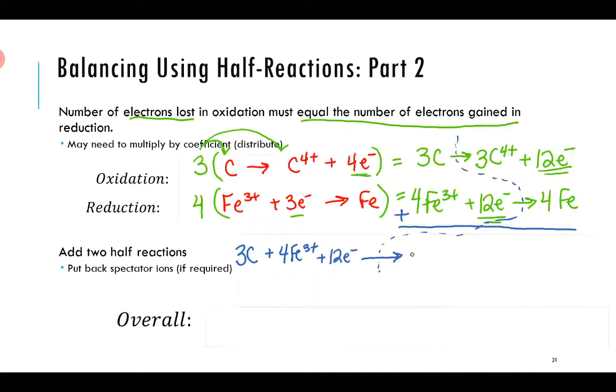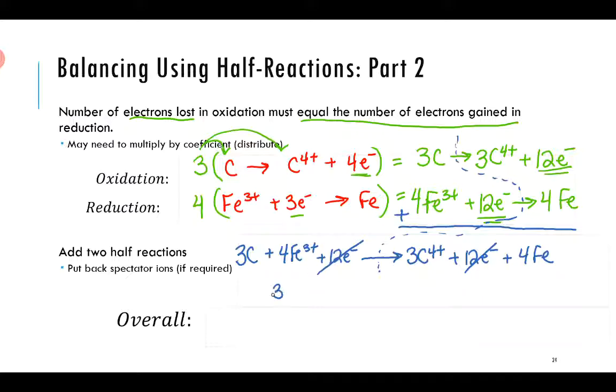And now on my product side I have 3 carbon 4+ plus 12 electrons plus 4 iron. Now I look to see what can cancel out, and just my electrons can cancel out.